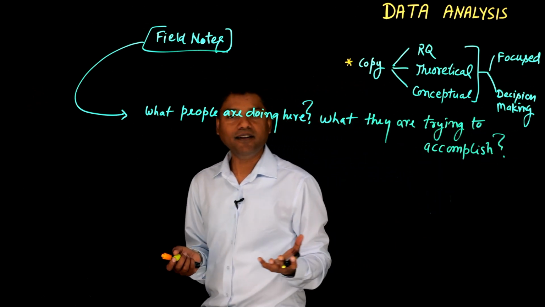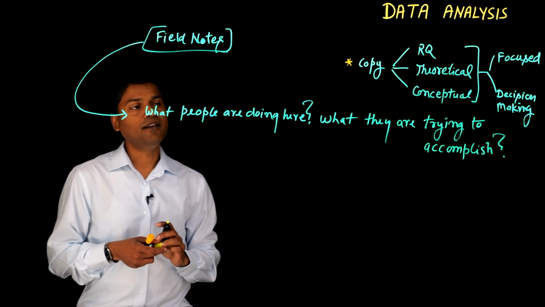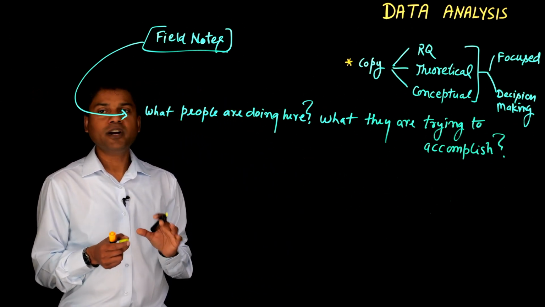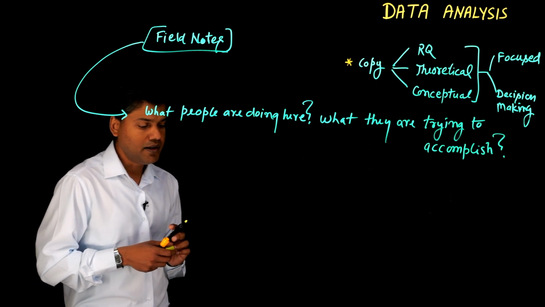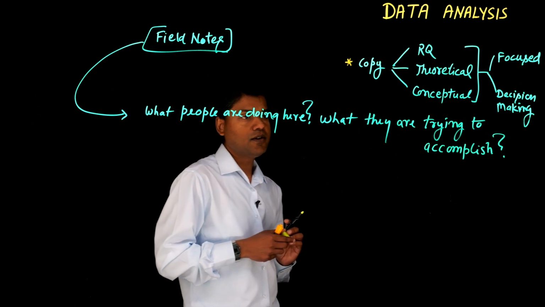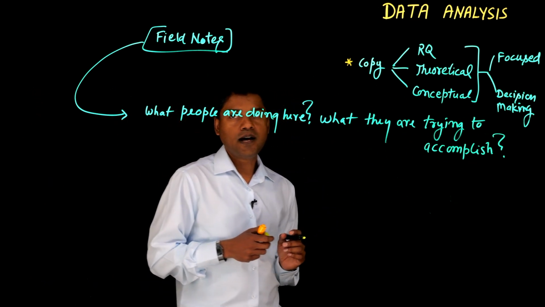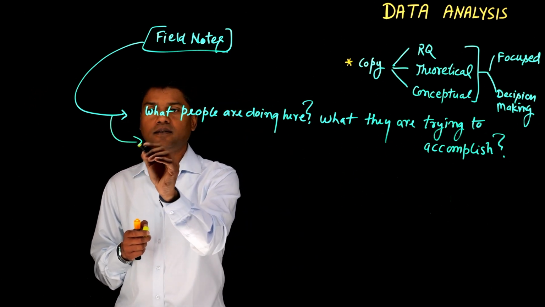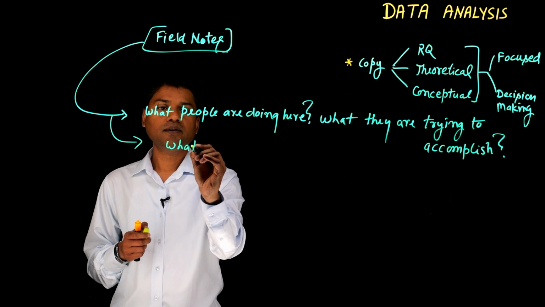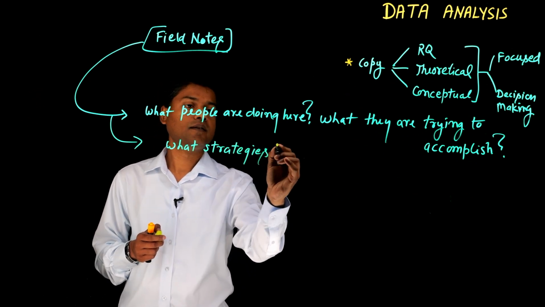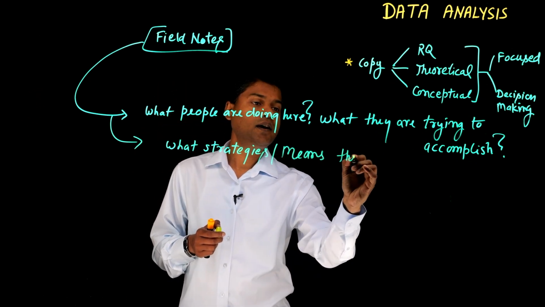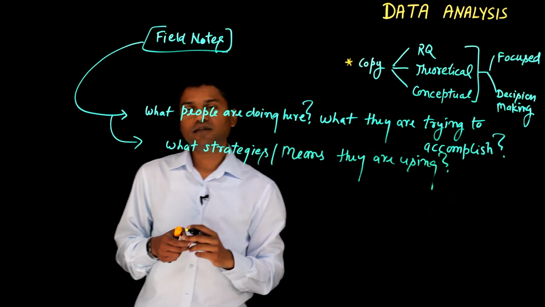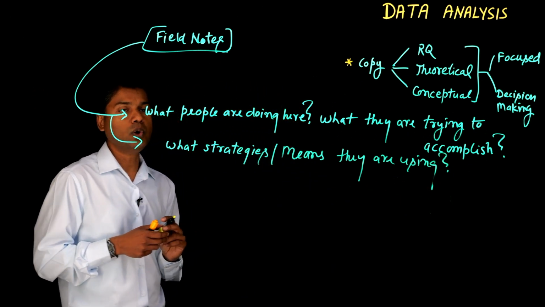What is happening here, what people are doing, and by whatever they are doing, what they are trying to accomplish. And in this act of doing, what strategies or means are they using? That's another question to keep in mind when you are coding notes.